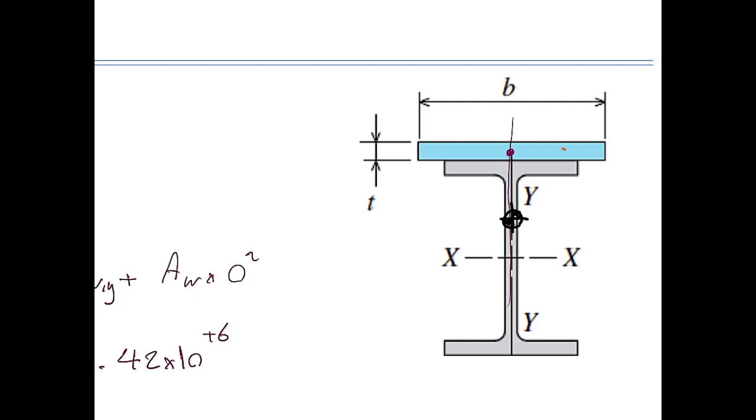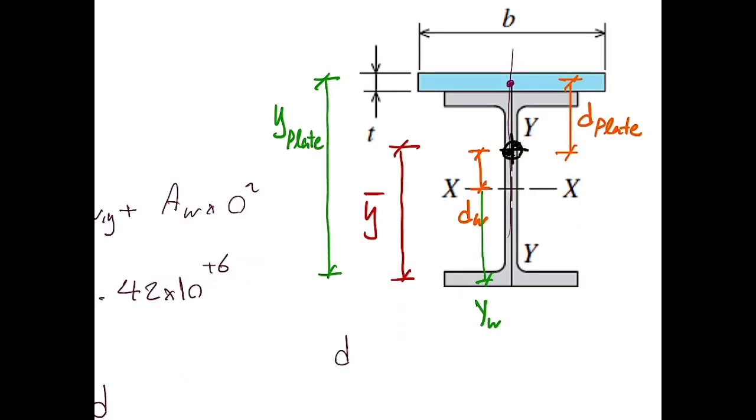The distance of the plate to the centroid of the entire section is called d plate, and the distance of the centroid to the centroid of the W shape is called dW. But how can we determine that? Knowing y bar, we can conclude that dW would be y bar minus yw, and similar to that, d for the plate would be y bar minus y for the plate. So that would be a general equation that we have.